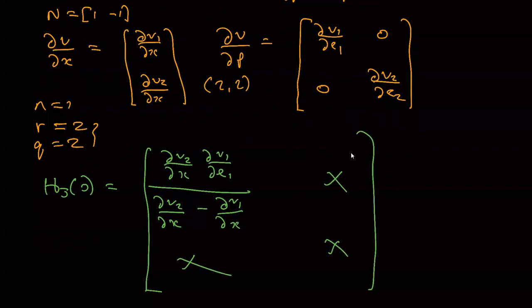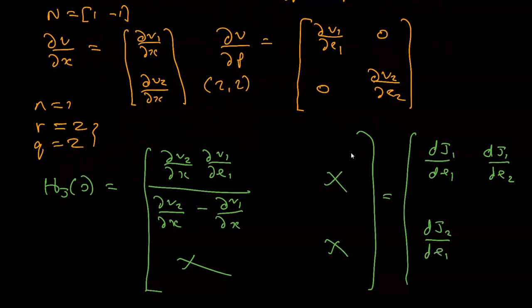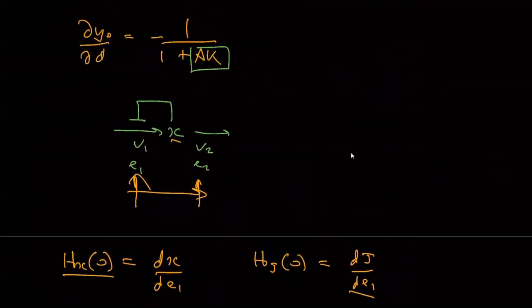Let's write down what each of them refers to. This one refers to dJ1/dE1. Sorry, this should be a total derivative. This one refers to dJ1/dE2, this one refers to dJ2/dE1, and this one refers to dJ2/dE2. Now, I've mentioned this before, but in this pathway V1 equals V2 at steady state.